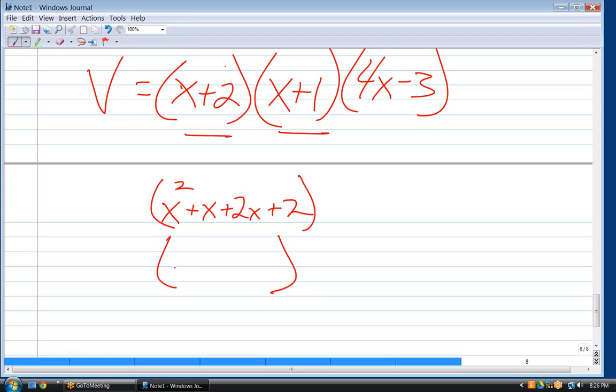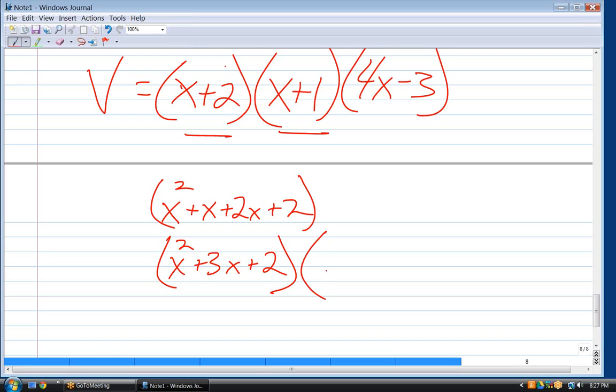Can you combine the x's together, the x and the 2x? So what do we have? 3x. So we have x squared plus 3x plus 2. Usually when you're writing polynomials, you want to write them in order, in other words, the highest degree to the left, the next after that, and then the number at the end.